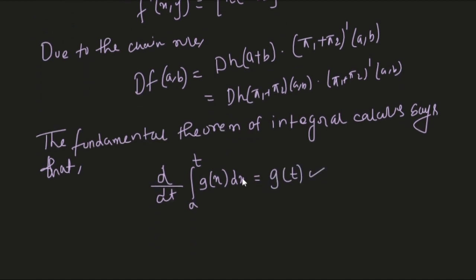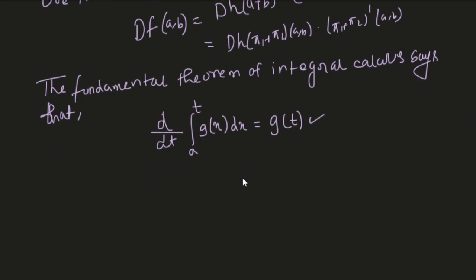This is because g of x is inside the integral, which means the answer to this integral from a to t of g of x dx would be a function whose derivative is g of x. So g of x is continuous and it is integrable. That means there exists some function. So let me write it down clearly.